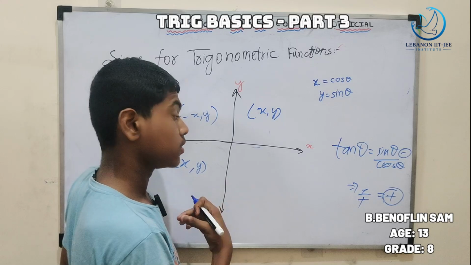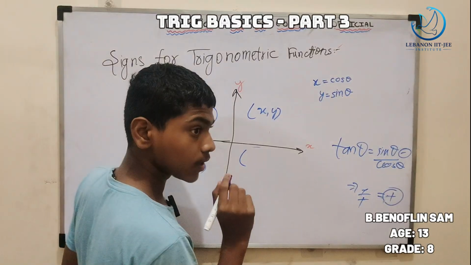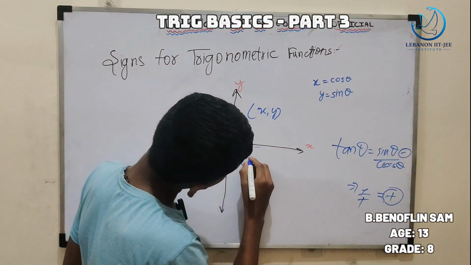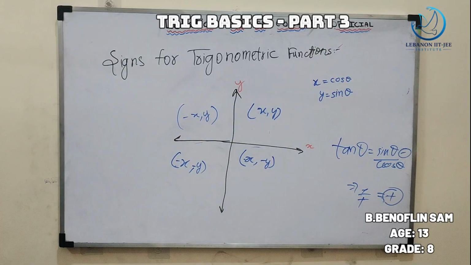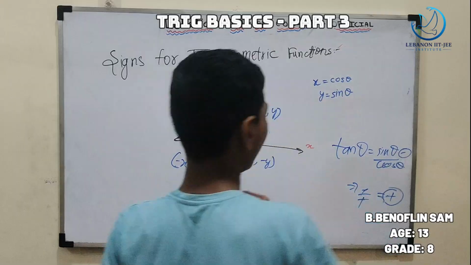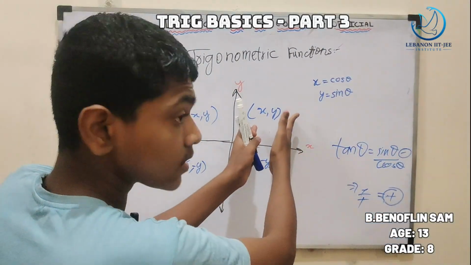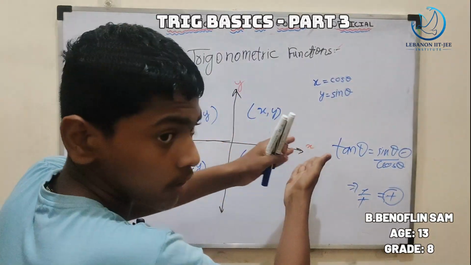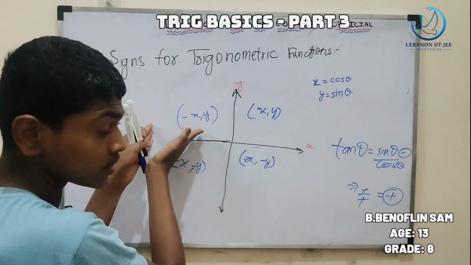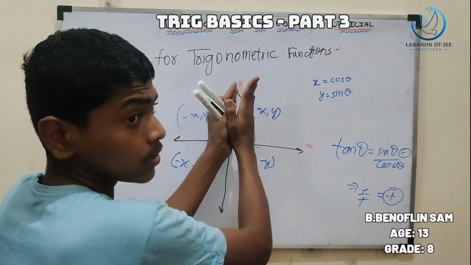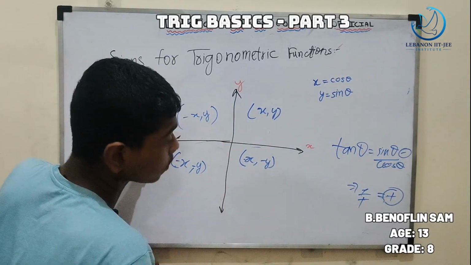In the third quadrant, both are minus. In the fourth quadrant, you take x and minus y. So you have remembered, right? Do you understand? This x and y is on the positive side. Here, with respect to x, this side is negative, but y is on the positive side. Here both are on the negative sides, so both should be negative.